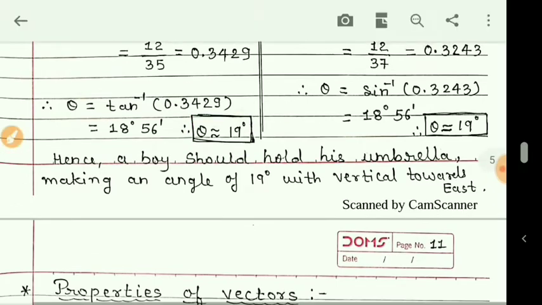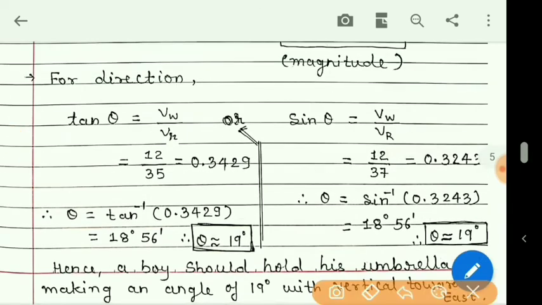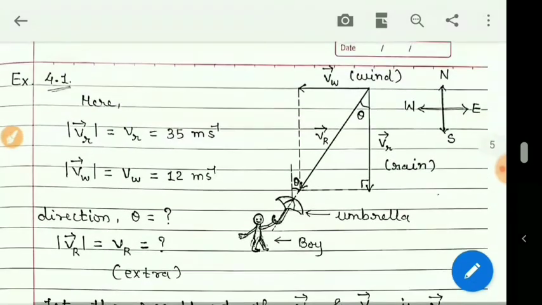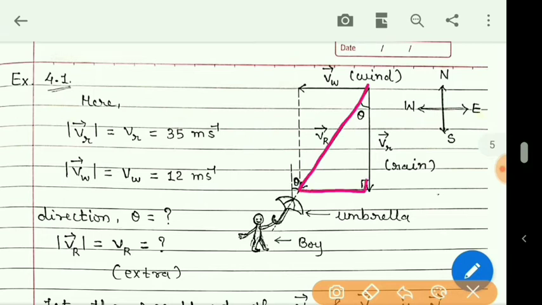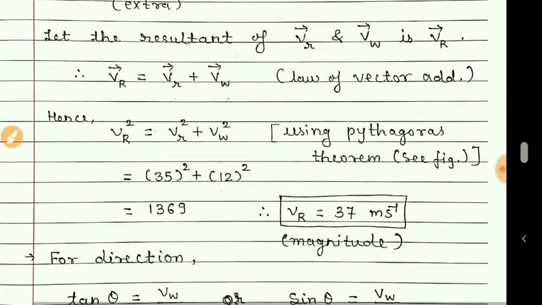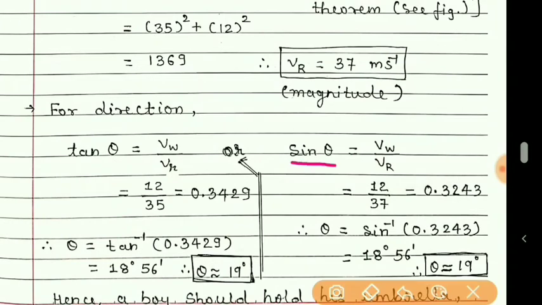Students, we can also find theta by using the sine theta value. We know that from this figure, in this triangle, with respect to theta, this is the opposite side and this is the hypotenuse, and so sine theta is opposite upon hypotenuse, that is VW upon VR. So we can write in this way also, sine theta is equal to VW upon VR.